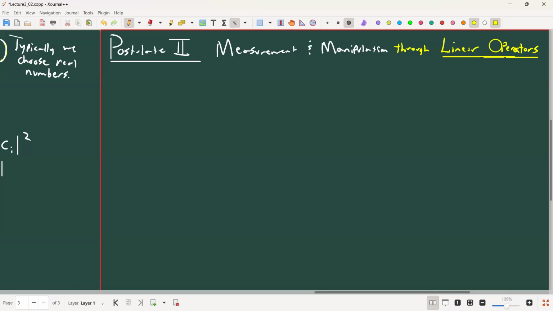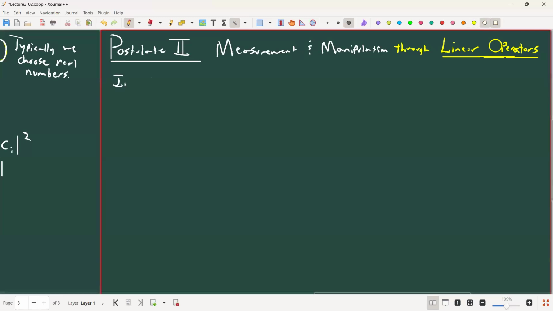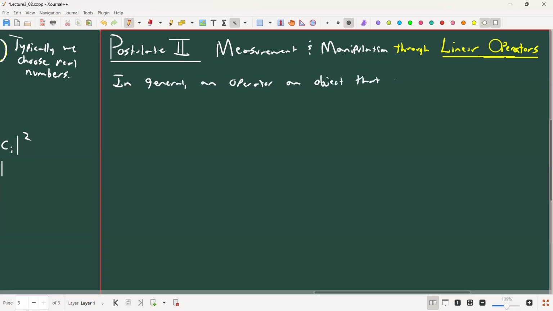We have to be very specific about what kind of operators we use, but in general, an operator is an object that maps a set of numbers or objects, we'll think numbers because we're doing math, to themselves.